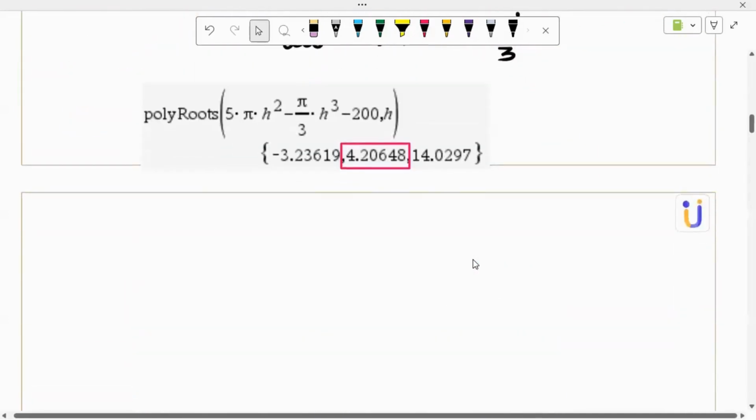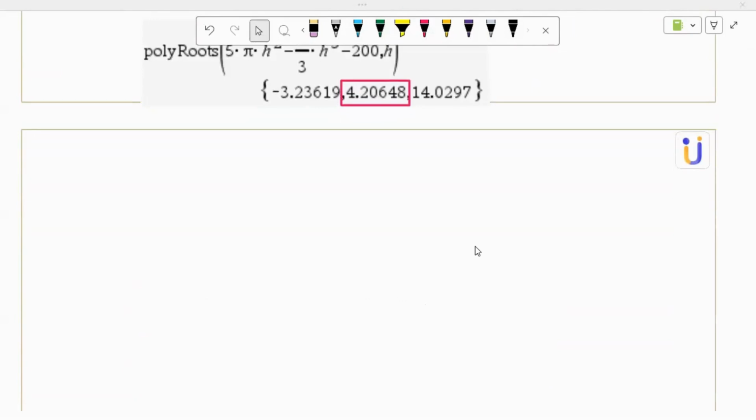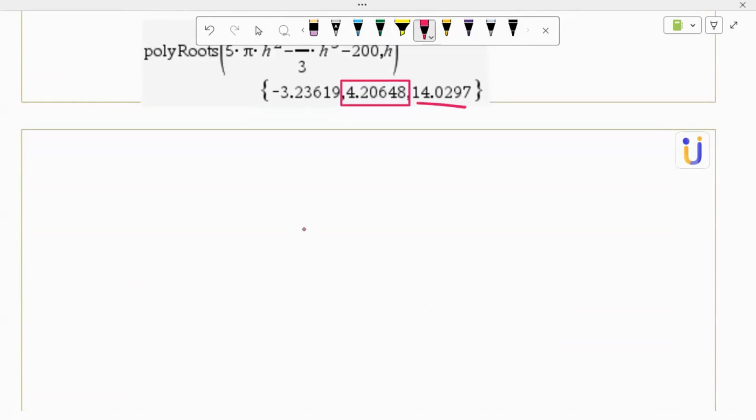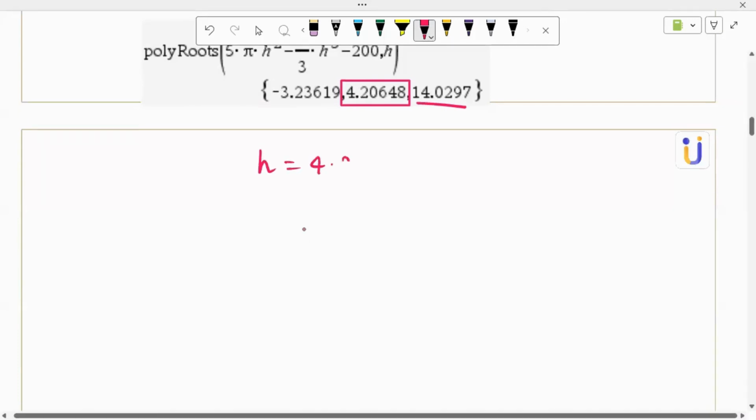As in the question they have mentioned, you may assume that the liquid didn't reach the neck of the flask, right? So this might be the top height. So we can ignore it. Let's start solving this. So the middle value is taken here, right? So my H is 4.21 approximately, right?